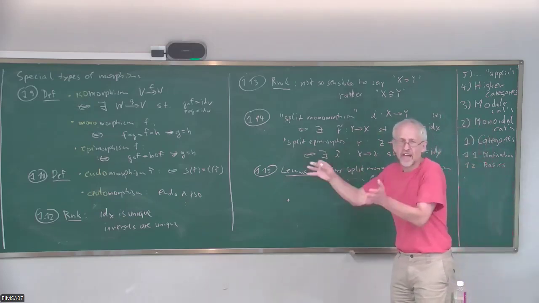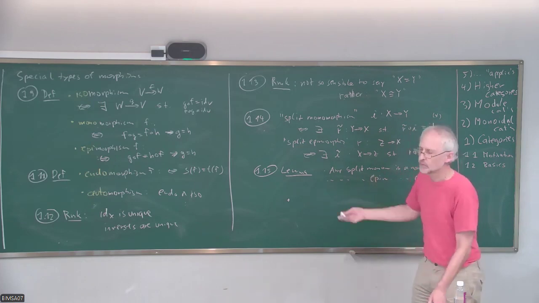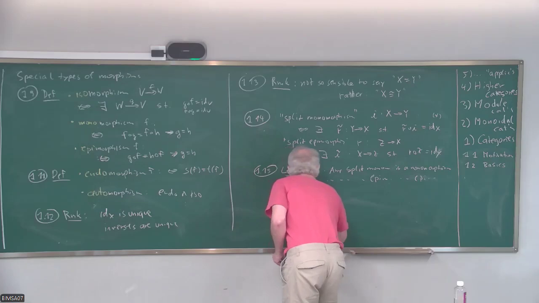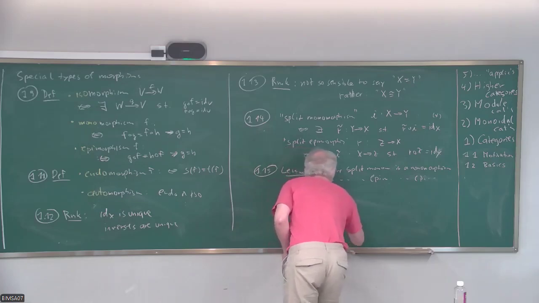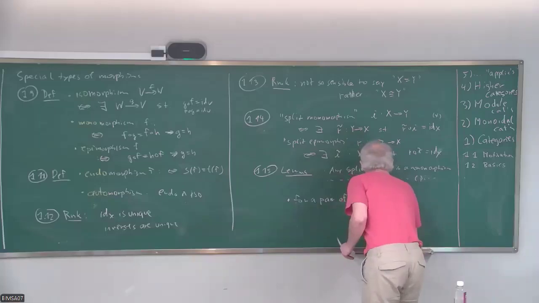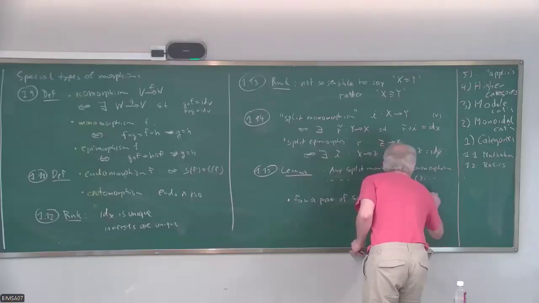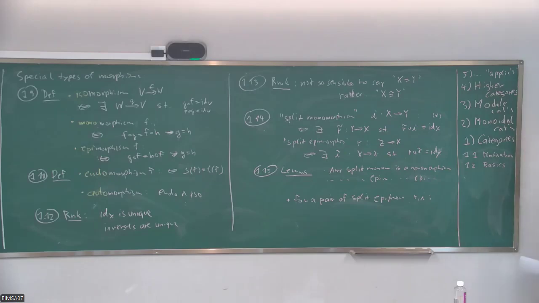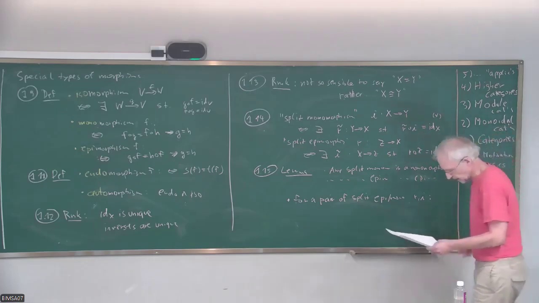So we always deal with pairs of split epi and mono, and if we have such a pair R and I, then if you compose them in one direction, you get the identity.